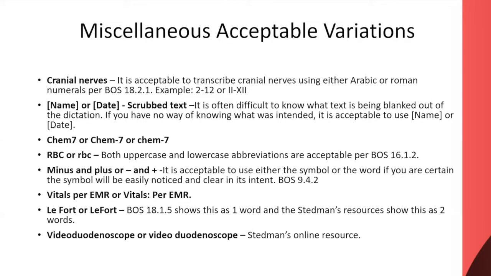So just miscellaneous acceptable variations. Now, cranial nerves. It is acceptable to transcribe cranial nerves using either the Arabic or the Roman numerals per BOSS 18.2.1, for example, 2 through 12, in Arabic numerals or the Roman numerals.